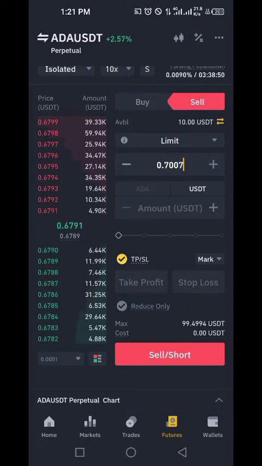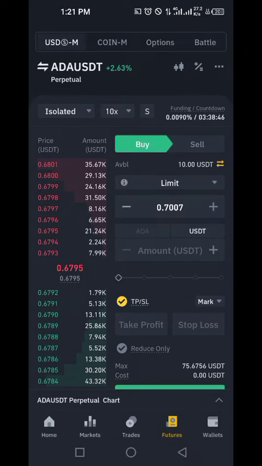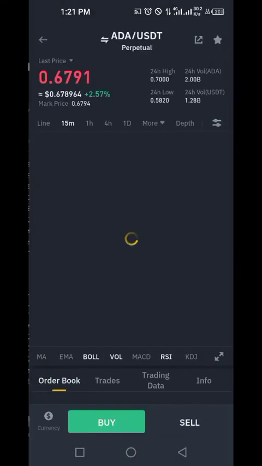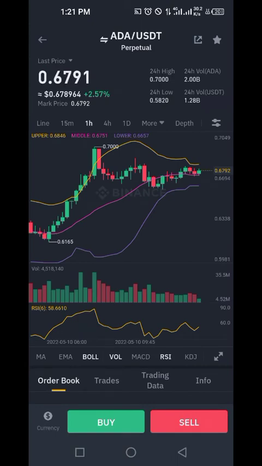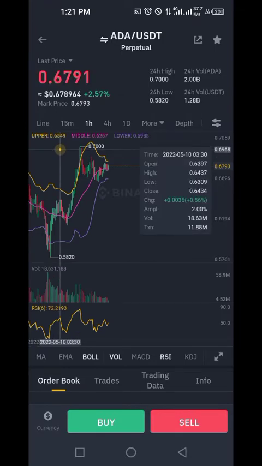Take profit is that, let's say you long an asset from this current price, 0.6793, and looking at the chart, let me go to the 1 hour chart, you discover that the price will further get to 0.70 before you exit the trade.